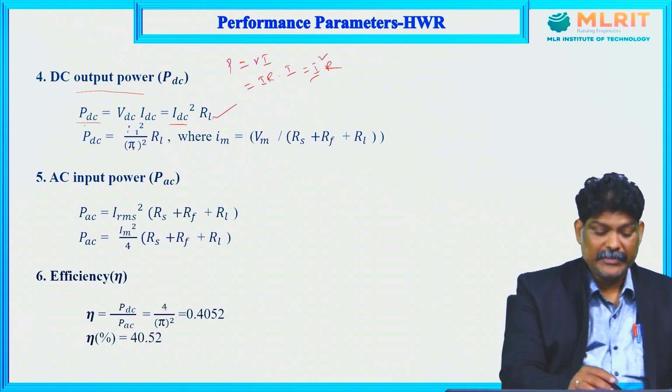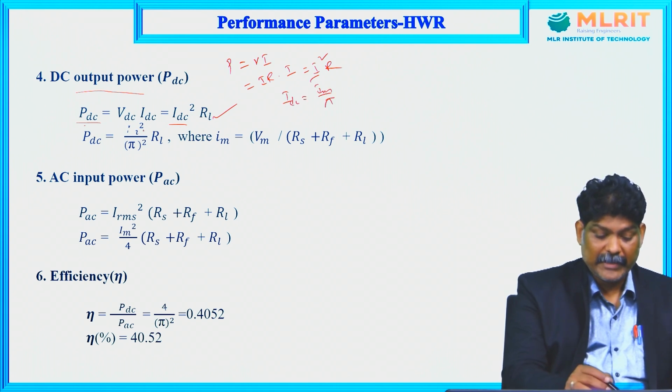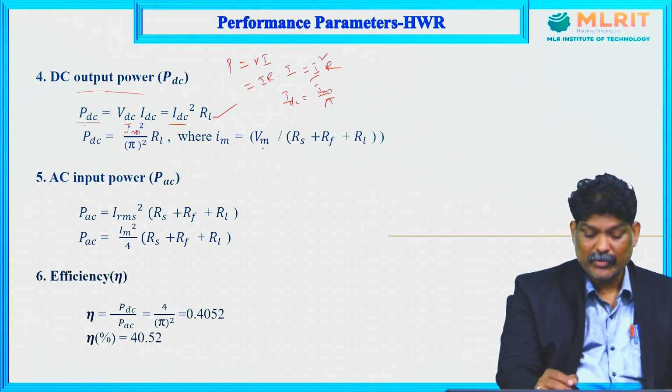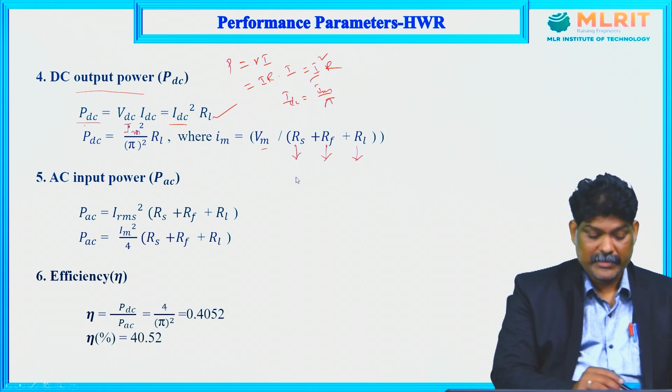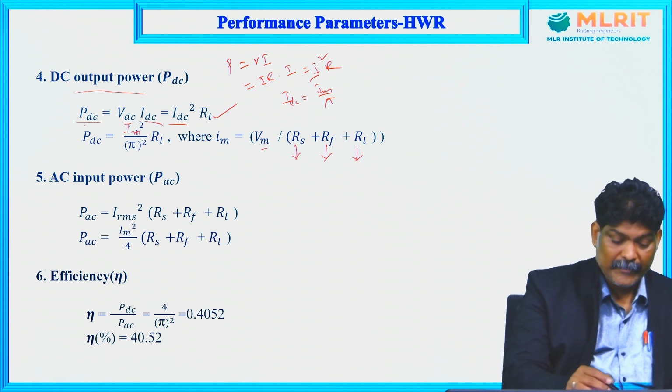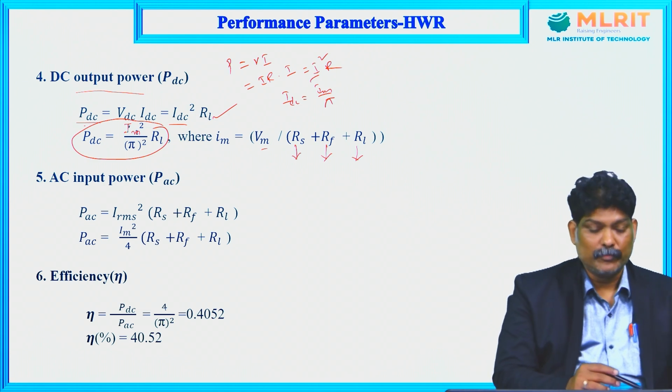So PDC is equal to Im square by pi square into RL, because IDC is equal to Im by pi, where Im is equal to Vm by Rs plus Rf plus RL. What is Rs? Secondary coil resistance, Rf forward resistance of the diode, and RL load resistance. So this is the expression for DC or average output power.